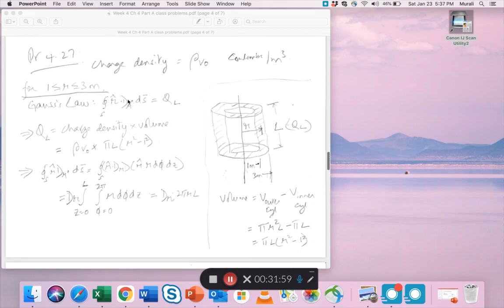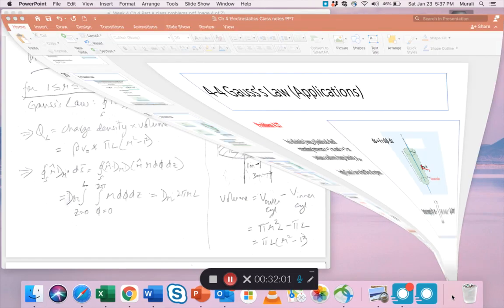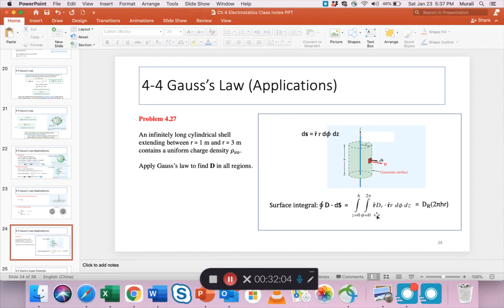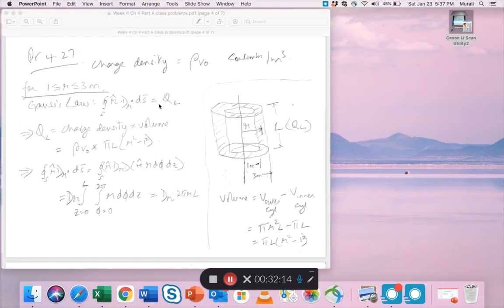It's D dot dS, so that's D_r multiplied by the dS coordinates here. That gives you the total charge contained in this cylinder. Now we are only taking a certain section of length L. We obviously can't deal with the whole infinite thing all at once, but if we can write a formula for L, that helps. Let's do the problem so you can see.